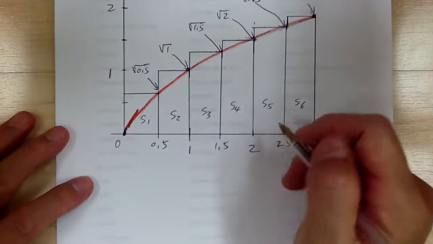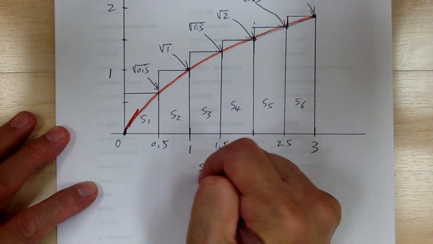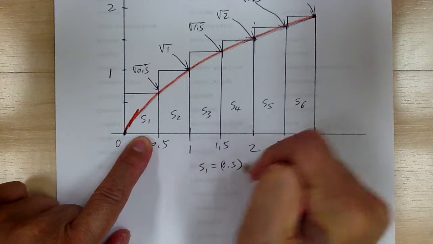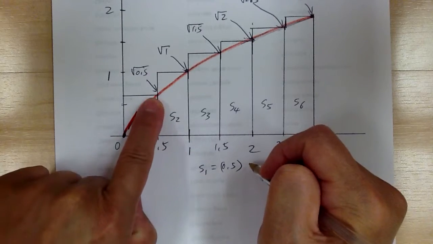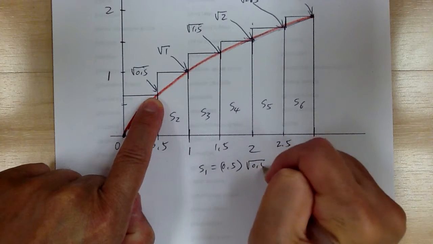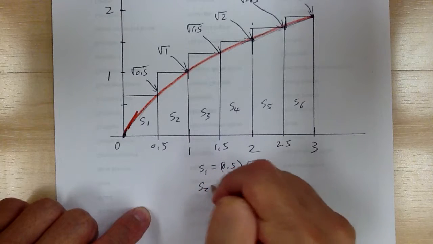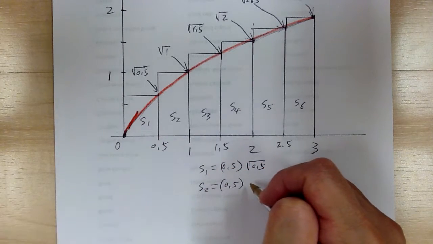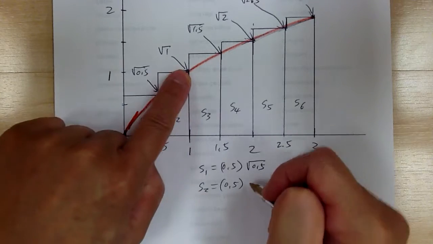So now, you want to figure each strip. S1 is over here. The base is 0.5, and the height, using the right-hand side corner, is square root of 0.5. S2, again, the base is half, 0.5, and the height is 1.